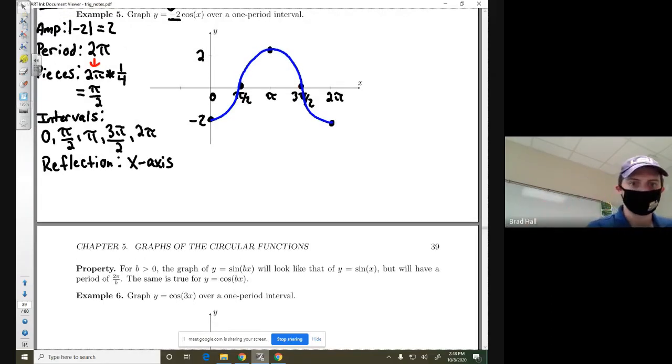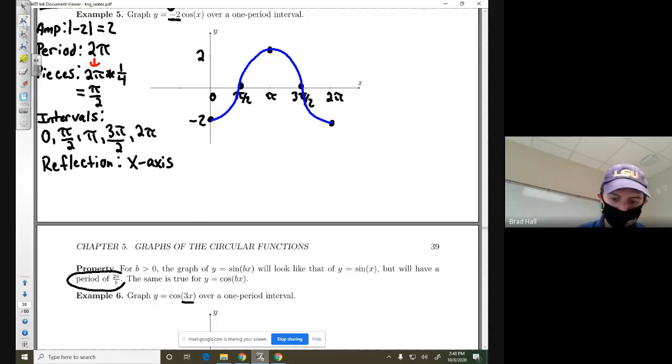But what about if a number multiplies x directly? What happens then? Not the whole trig function, but the x value directly. What happens? And really what happens is that this is changing the frequency of the graph. In other words, the period of the graph will now change.